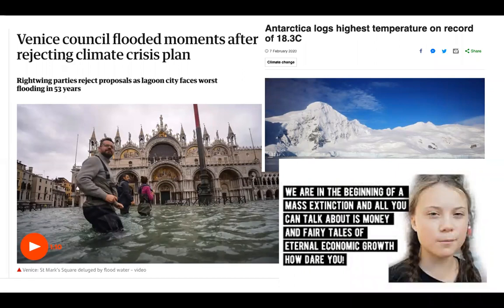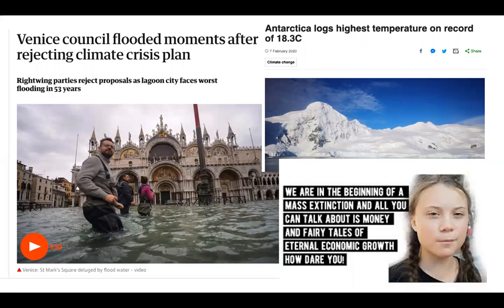So, yeah, some good examples of governments not taking it seriously was the Venice Council. Venice lies quite low, below sea level. And they decided that they would reject a climate change crisis plan. And moments after, a big wave came in and caused floods. So that was quite silly.